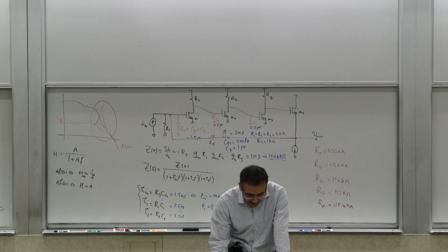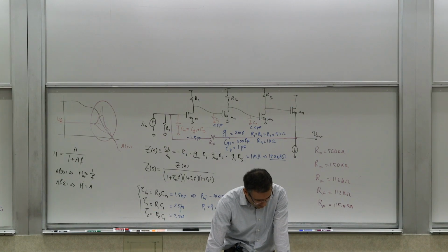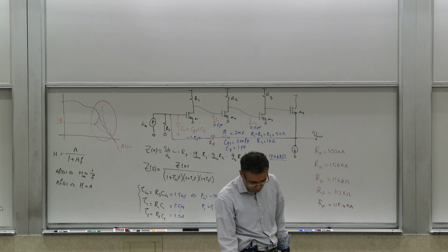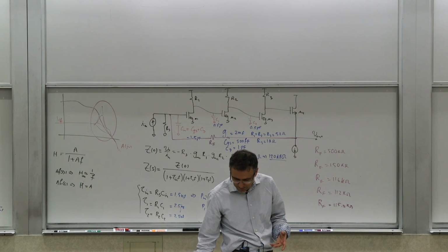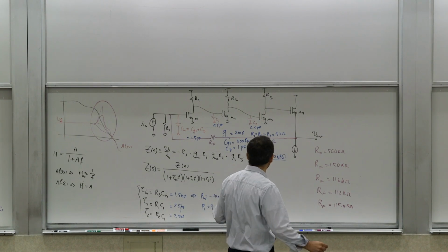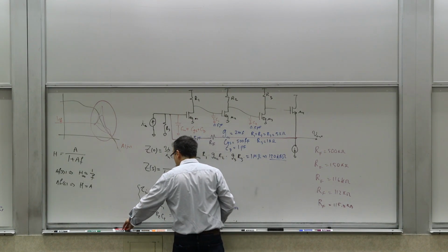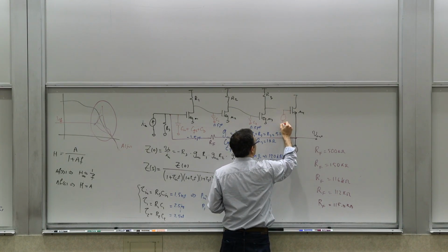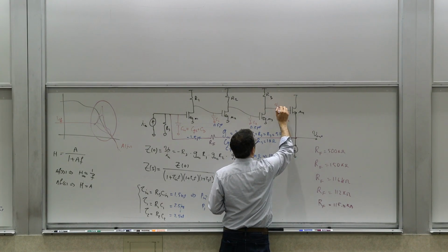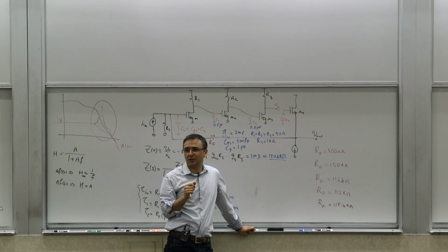If you look at figure 6.9, what you see is that at that point, if you break the loop and apply a Vx, it doesn't matter where. Probably the easiest place to break it is here. Considering the capacitors we've considered, you can apply a Vx here, and your Vx, the forward voltage loop gain, would be your entire loop gain, right?